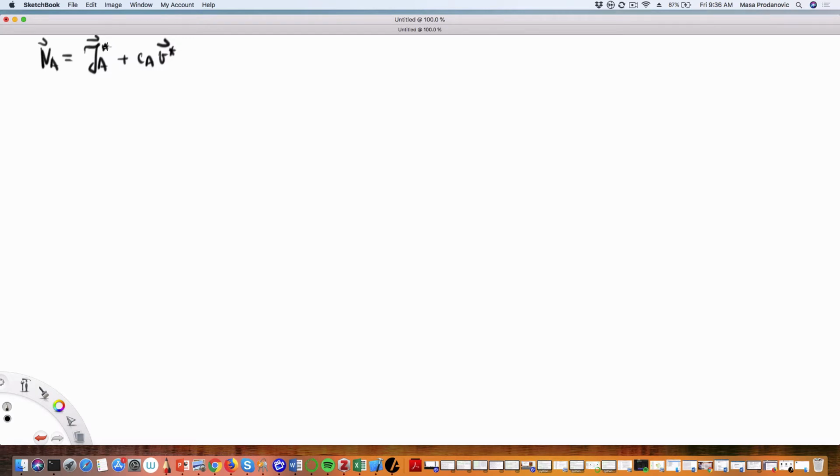Though for uppercase J, I'm not that confused what it is. For V, I have to put a star. J, if I drop it, as long as you see that it's uppercase, then it's fine. But I'm going to put stars because my handwriting is what it is. So for the Z component, I have JAZ plus CA VZ star.